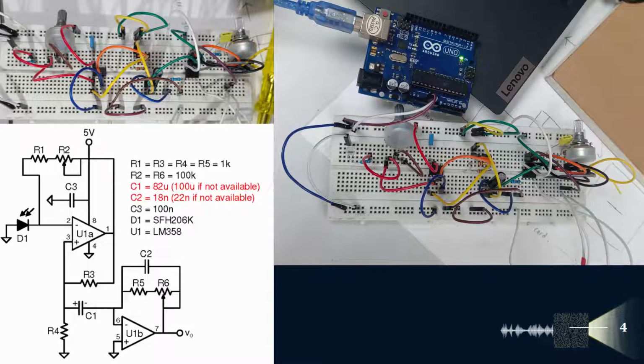And C2 can be calculated as C2 equals the square root of 2 times 72 times 10 to the power of negative 12, divided by 2 pi times 10 cubed times 7 times 10 to the power of 5, and it will be equal to 18 nanofarad. The equations in detail will be in the report, which I will attach with this video in Microsoft Teams as well.